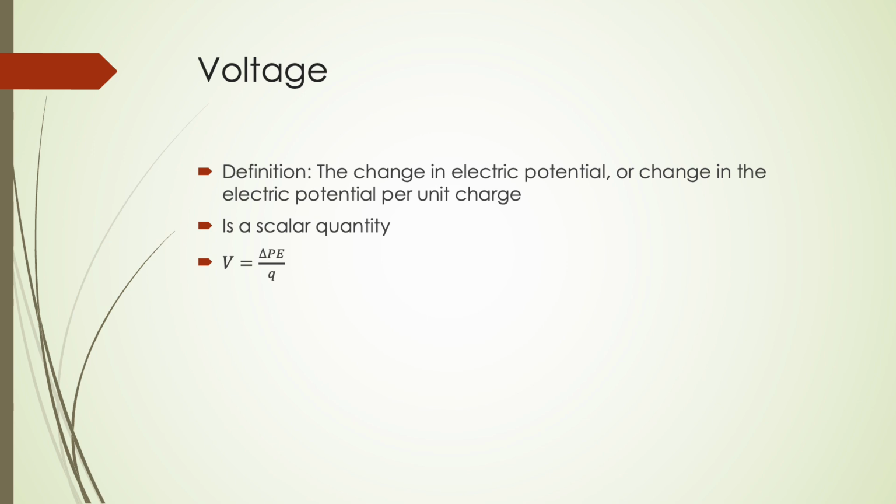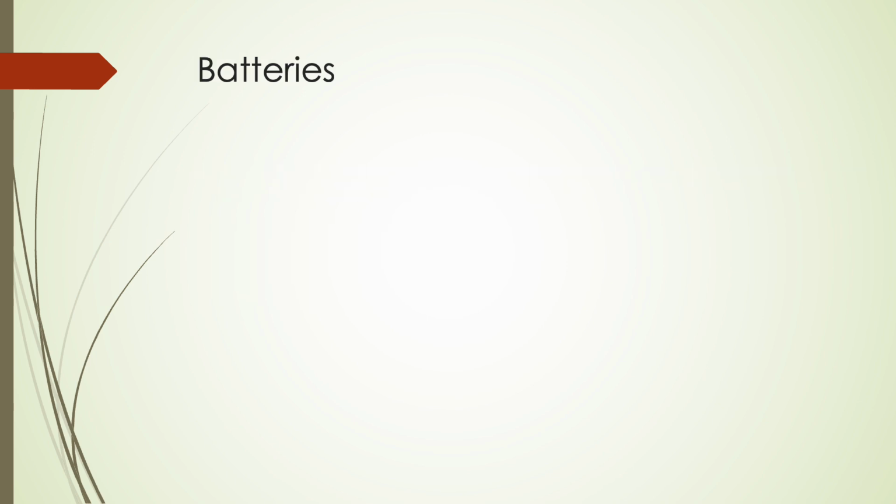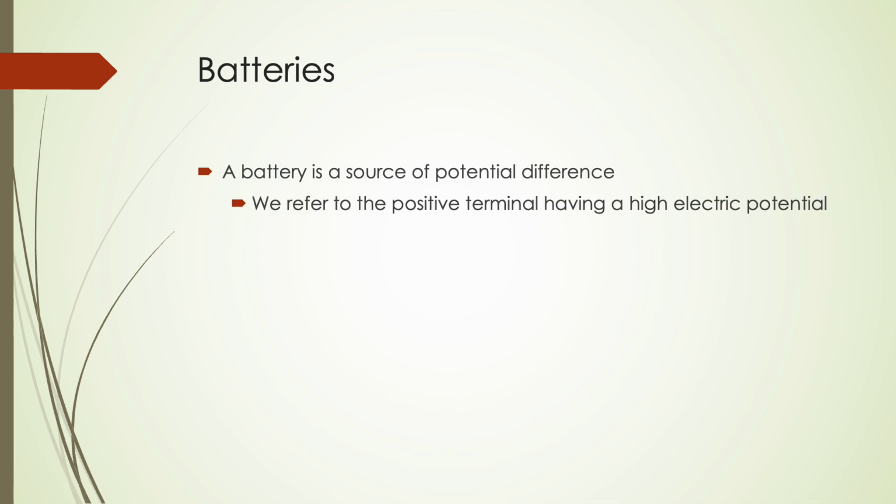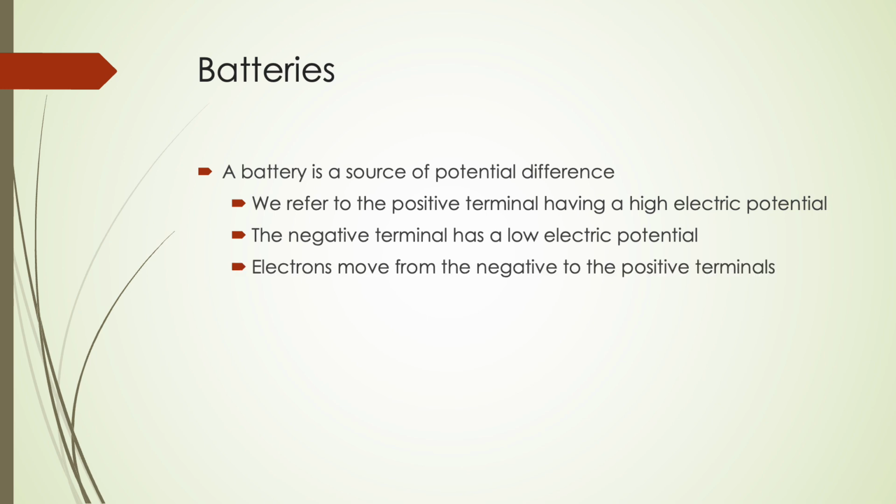over our charge. Now, a little bit about batteries. Batteries are a source of potential difference. We refer to our positive terminal as having a high electric potential, while the negative terminal has a low electric potential. Our electrons move from our negative terminal to our positive through whatever our electric circuit is.